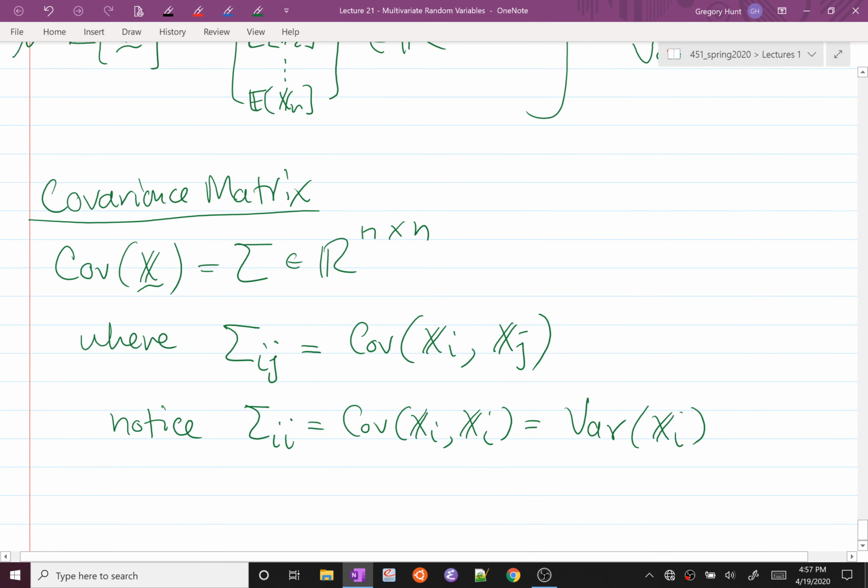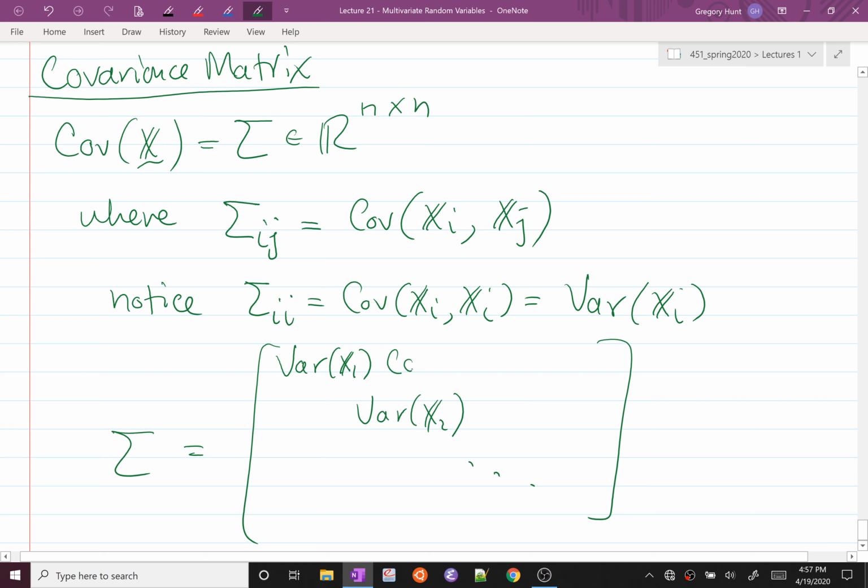The main diagonal gives us the variances, and the off diagonal entries give us the covariances. An illustration: the main diagonal is variance of x1, variance of x2, etc., and the off diagonal is like covariance of x1, x2, or covariance of x2, x1.